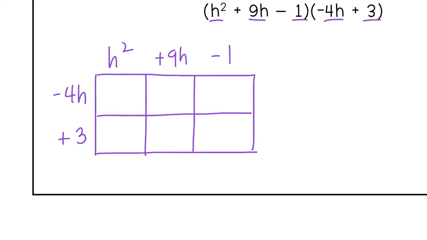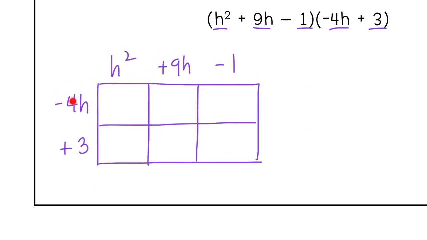Okay, now we can do our multiplication. So starting in the top row, I have negative 4h times h squared. So that'll be negative 4h to the third power. Then negative 4h times 9h. Negative 4 times 9 is negative 36. h times h is h squared. Then last one, negative 4h times negative 1.